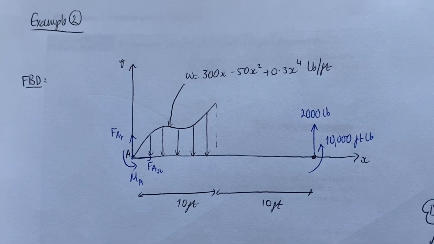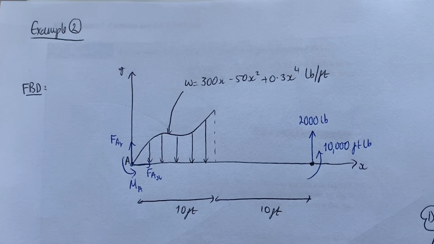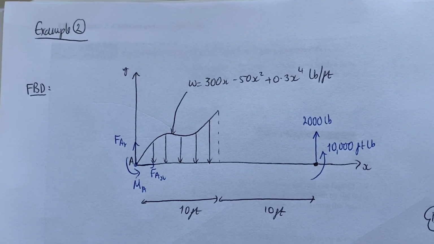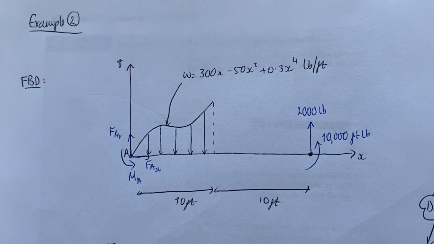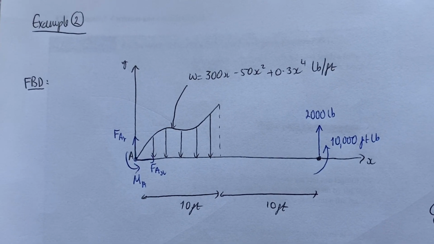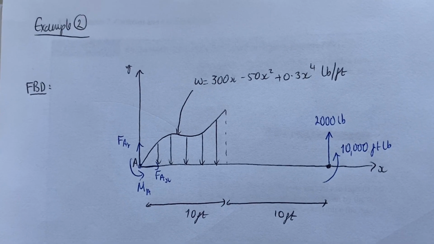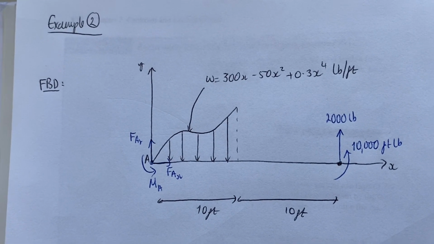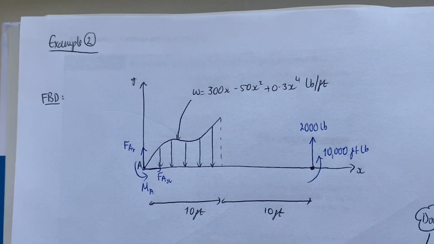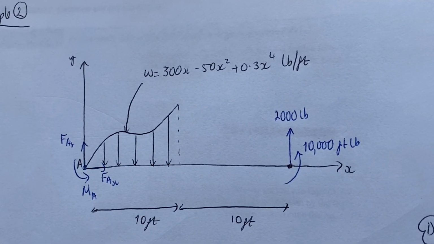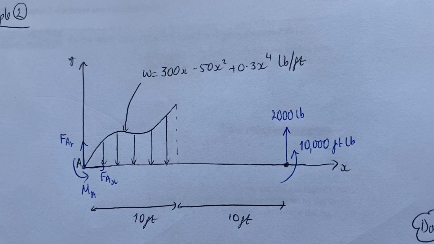So we have a fixed support at A, therefore we have the two reaction forces in the X and Y directions, and also a couple preventing it from rotating. I've drawn on the distributed load curve, I've drawn on the dimensions, and I've also included these external forces over here too.